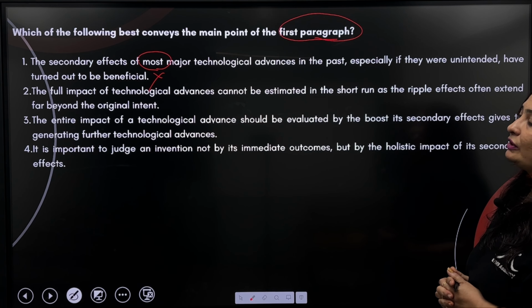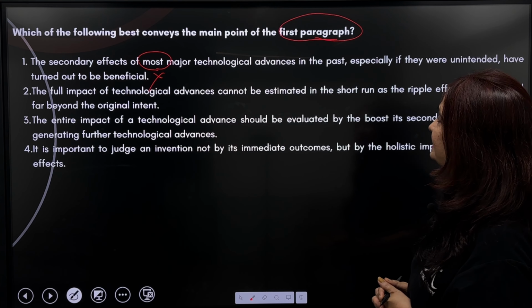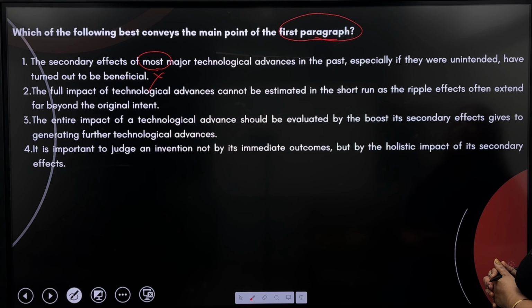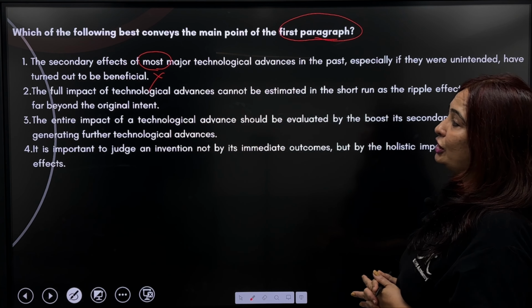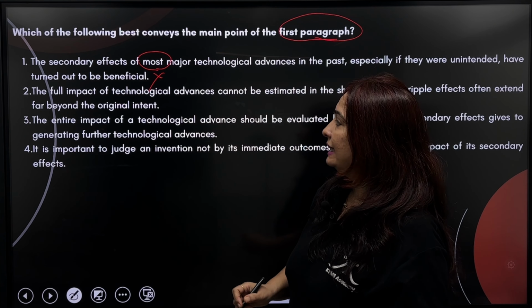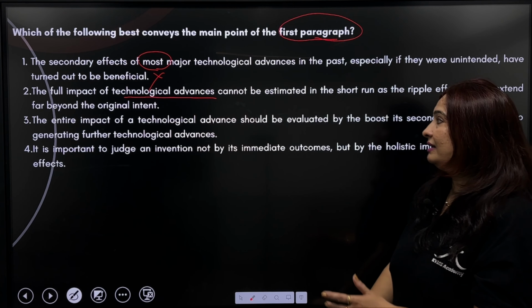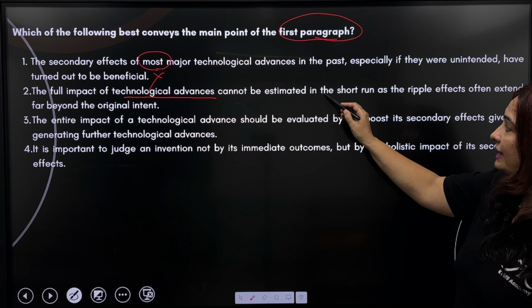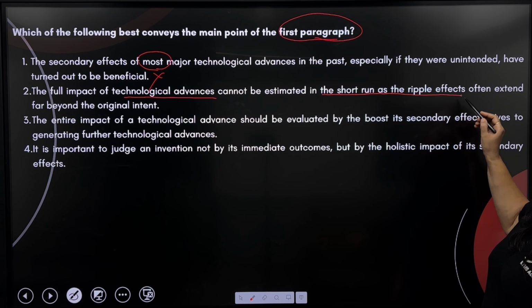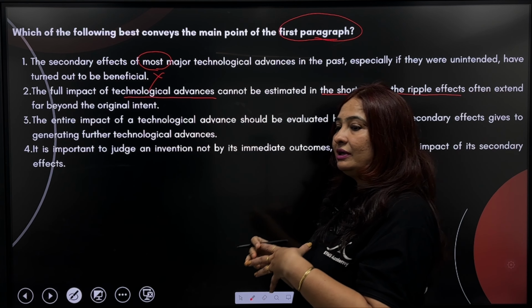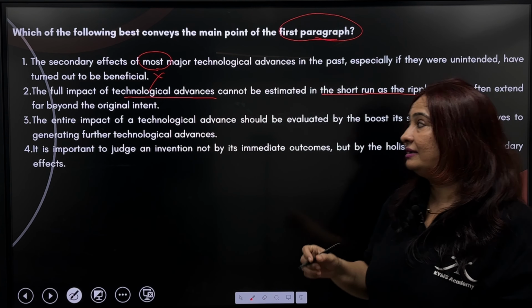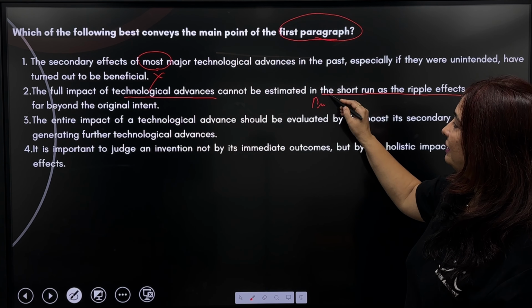The full impact of technological advances cannot be estimated in the short run as the ripple effects often extend far beyond the original intent. Now you see, the impact of technological advances is given. It cannot be estimated in the short run as the ripple effects are there. So here the word they have given is ripple effects and I gave you the term butterfly effect.